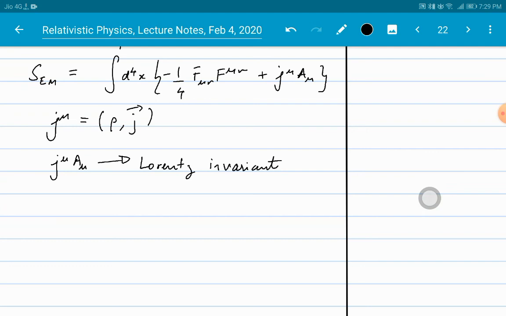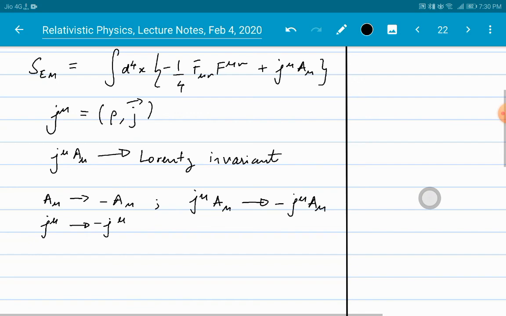So if you do this, then of course, under the change of a sign in the vector potential, this term will also pick up a negative sign, and so your action will no longer be invariant. So then if you want to keep your action invariant, you have to also change the sign of your current 4 vector.